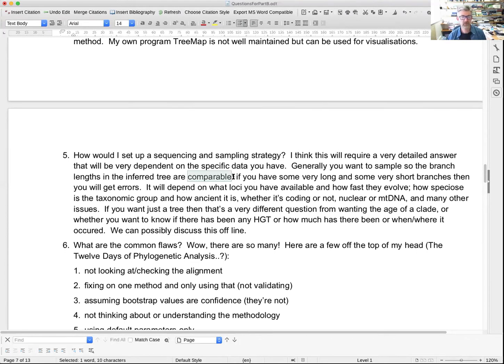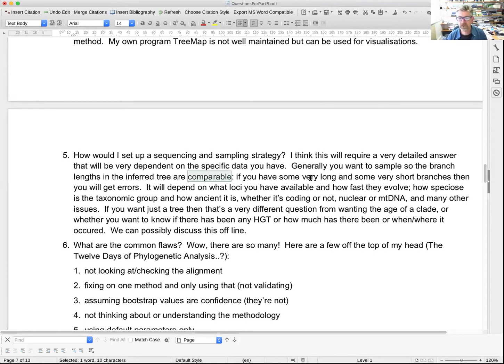It will constrain what sort of age you can work with, what divergence times of your clades you can infer, by how fast they're evolving. So if they're evolving very, very slowly, you certainly can't use them for subspecies resolution.